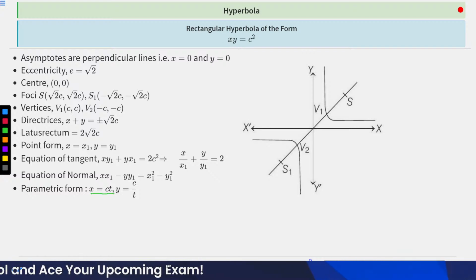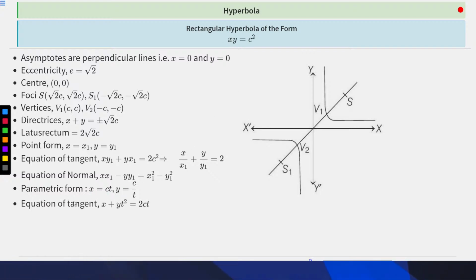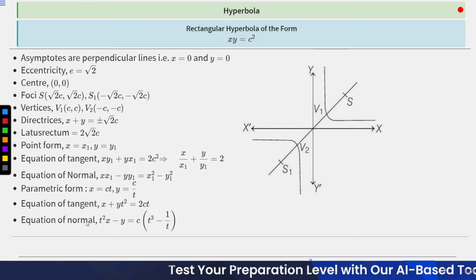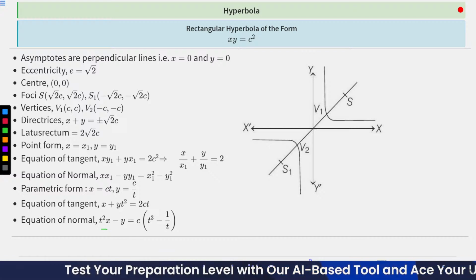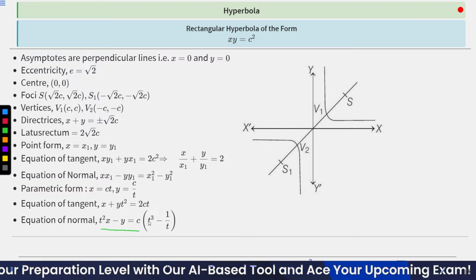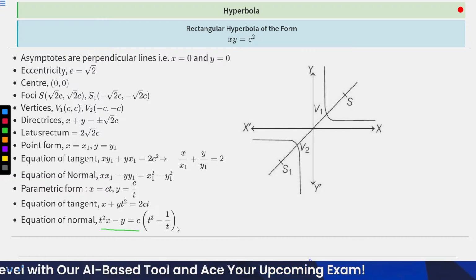Parametric form: x is equal to ct, then y is equal to c by t. Equation of tangent: x plus y t square is equal to 2ct. Equation of normal: t square x minus y is equal to c times t cube minus 1 by t.